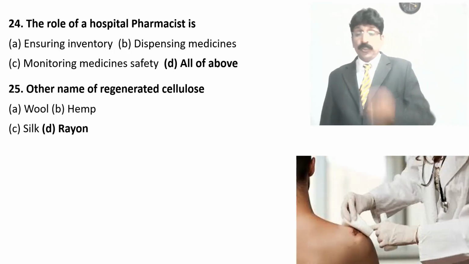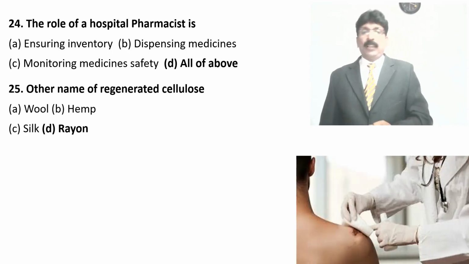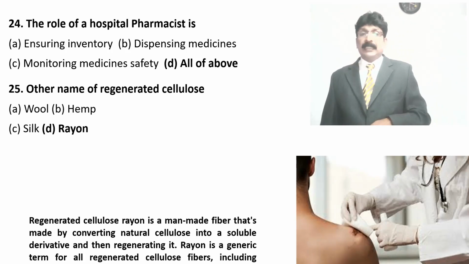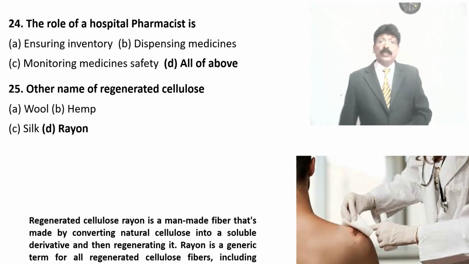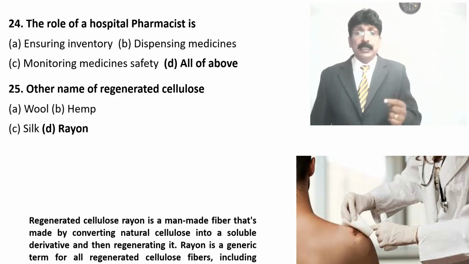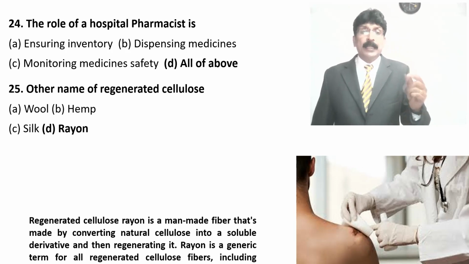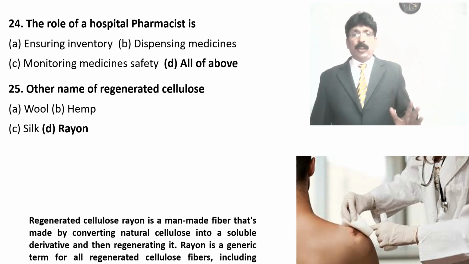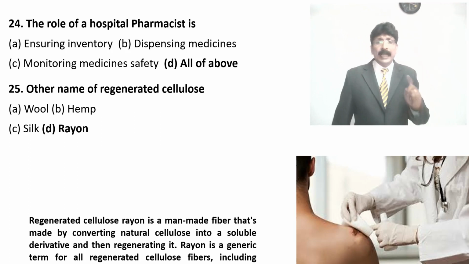You can see this is regenerated cellulose, with the wound pasted with it. Regenerated cellulose is called rayon, a man-made fiber made by converting natural cellulose into a soluble derivative and then regenerating it.